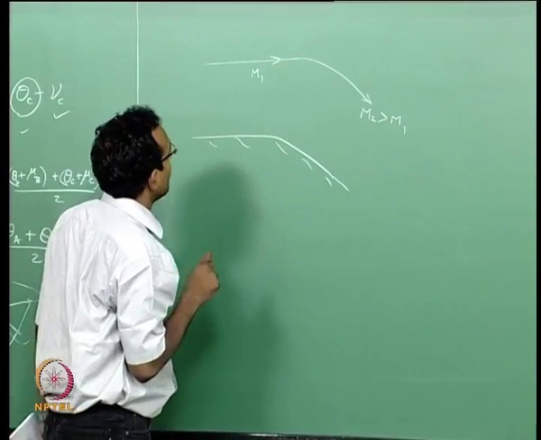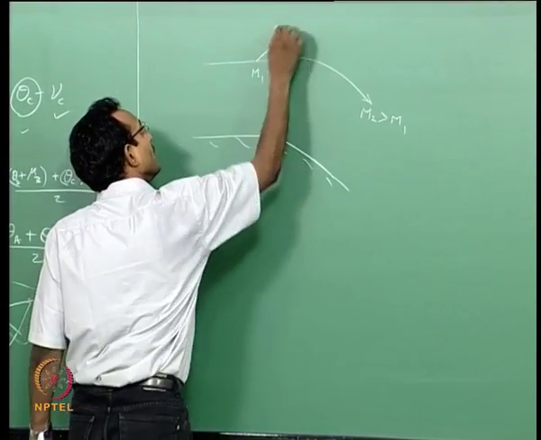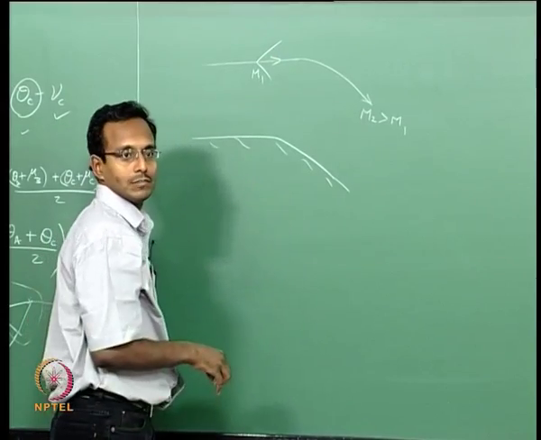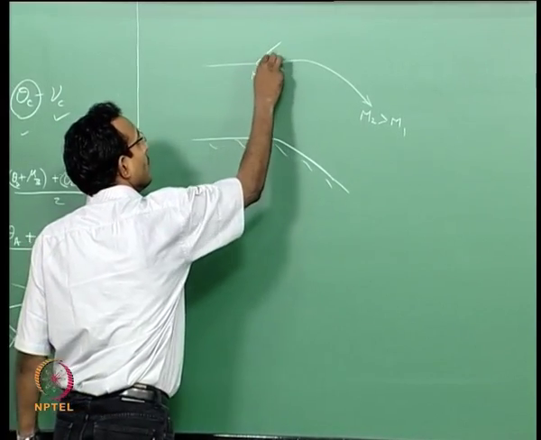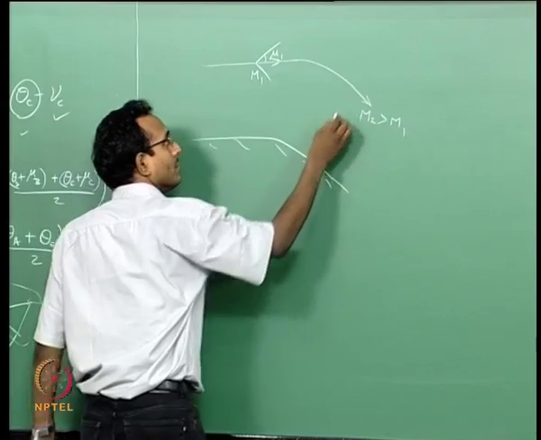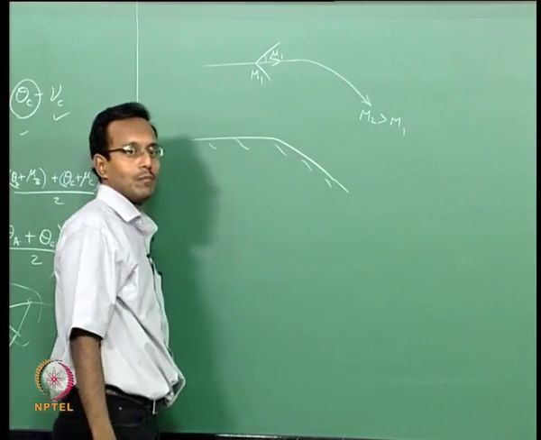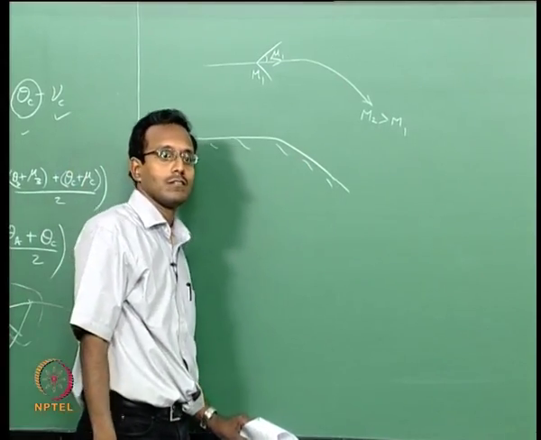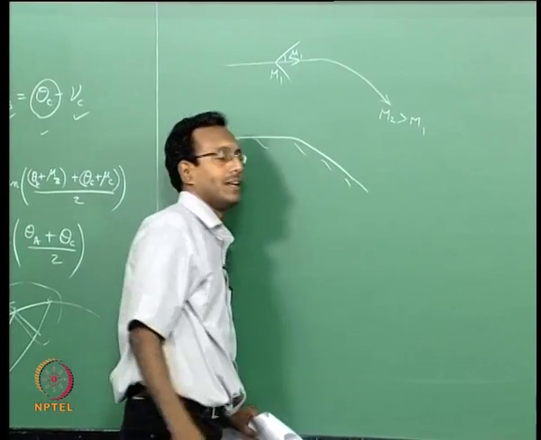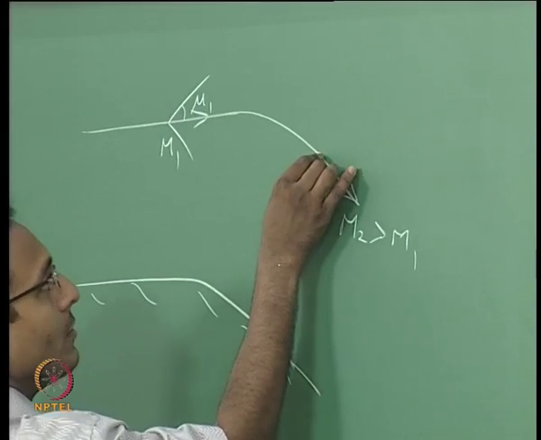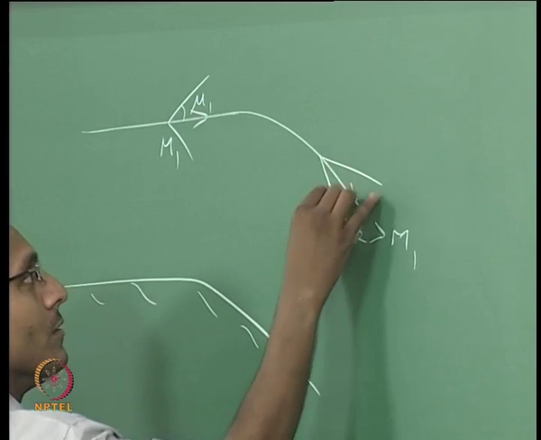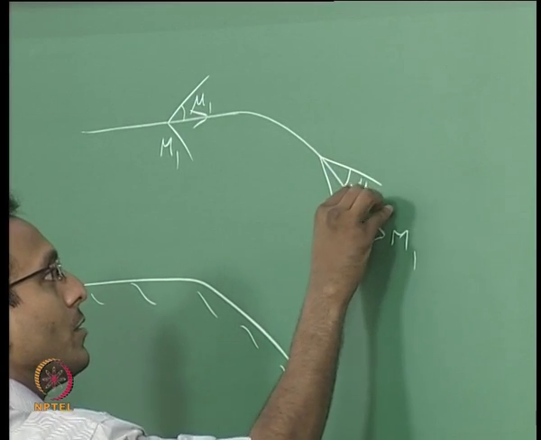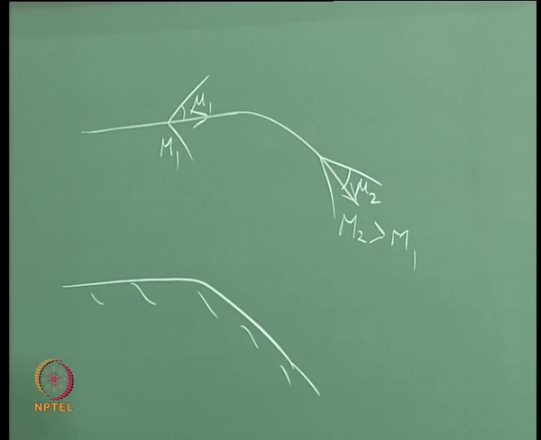Now, if I think about what will happen to my Mach angles, this is mu1 and this will be mu2. Will mu2 be higher or lower? It will be lower. This will be my mu2. This is what I will have finally.